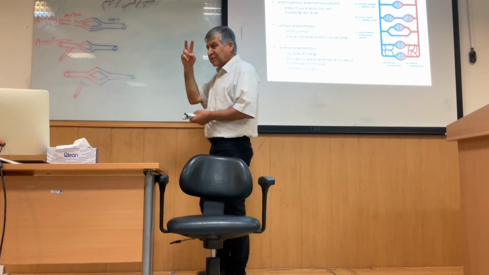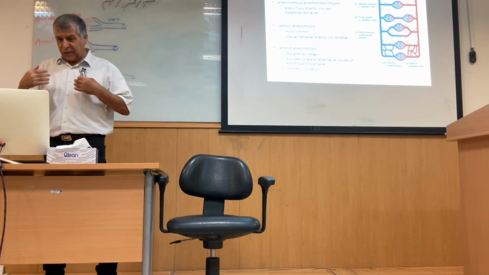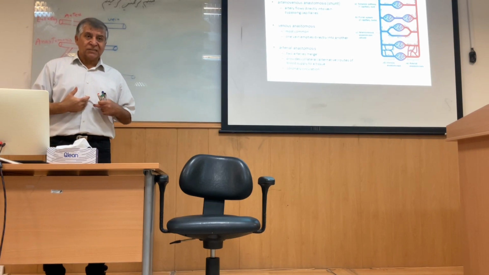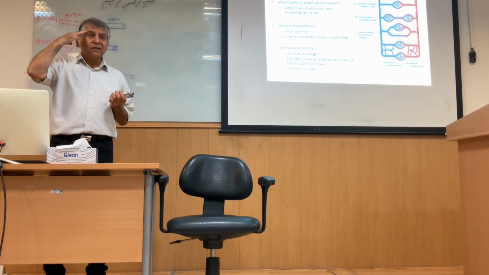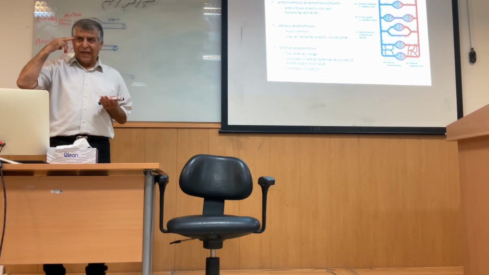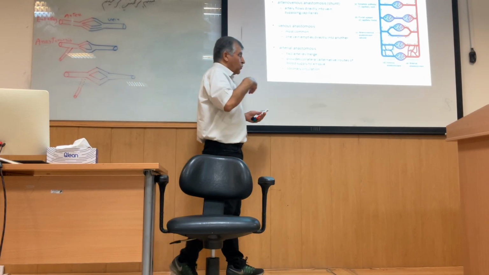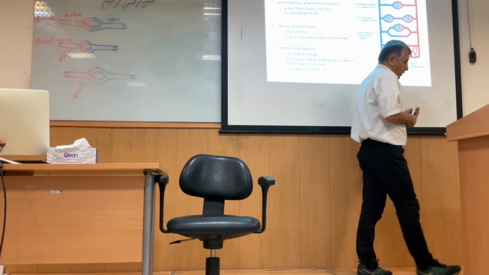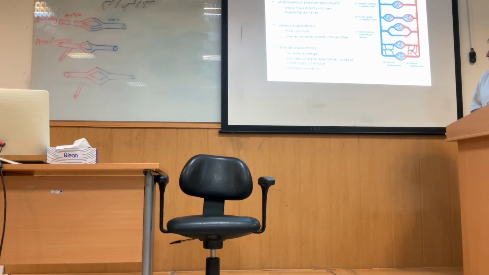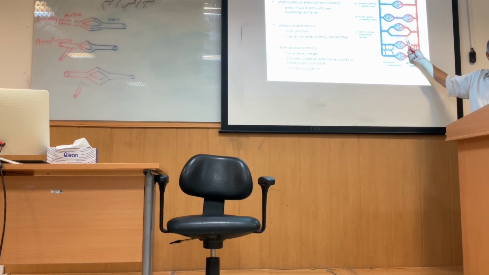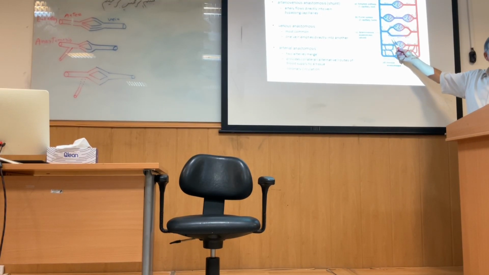I have portal system in the digestive system, and portal system in the hypophyseal gland. Hypophyseal gland contains portal system. Okay? This one, you can see artery directly changes to vein.